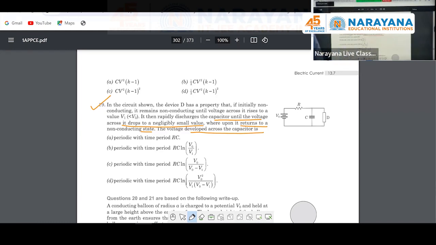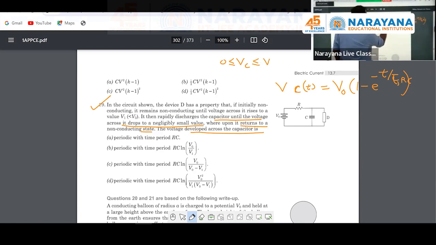C is, yeah. Because simply I can say the voltage across the capacitor as a function of time, Vc, if I want to write, it is V0 into 1 minus e raised to the power minus t by tau. Tau value here is RC. This is for Vc from 0 up to a value which is V1. This function is followed. So as soon as it acquires a value of V1, it will take some time.